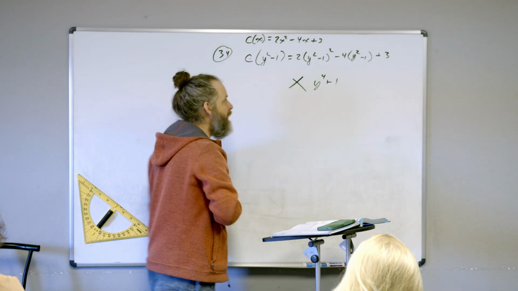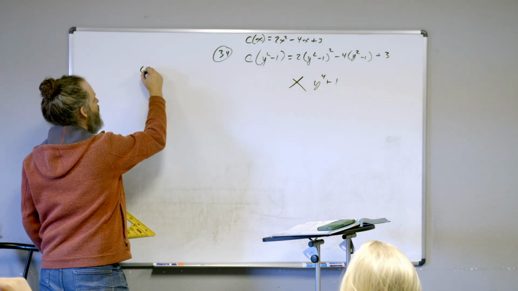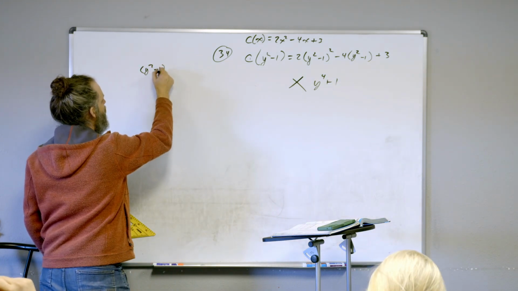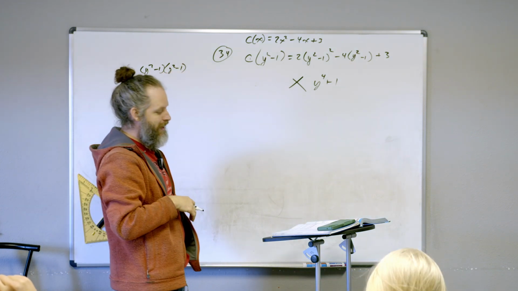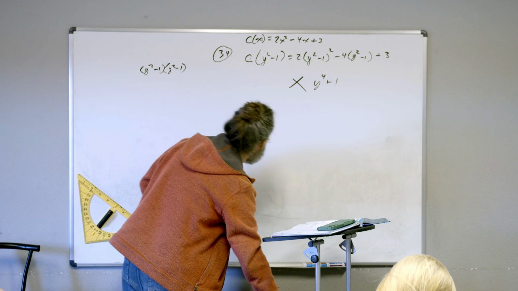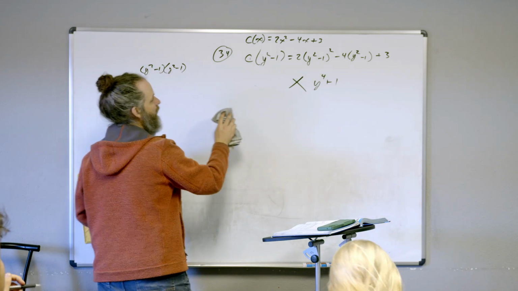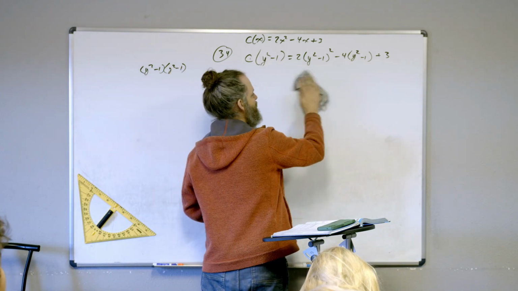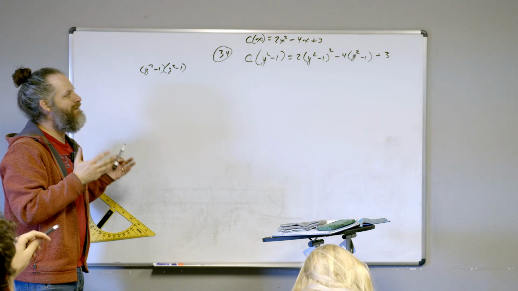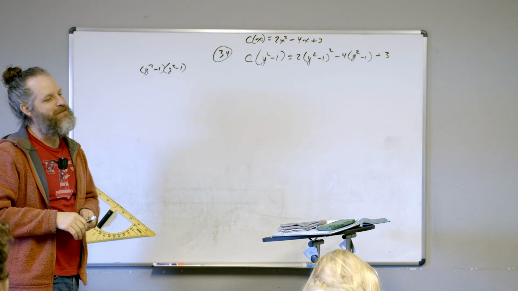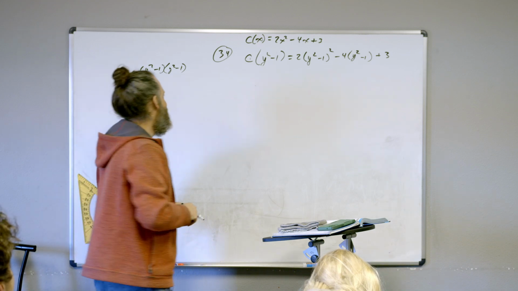You're squaring the whole dadgum thing. So it's y squared minus 1 times y squared minus 1. So you have to FOIL it all the way out. You're missing a whole term in the middle if you do that. This is a really common mistake, even for people that know what they're doing. So don't get going and then make that mistake, right?